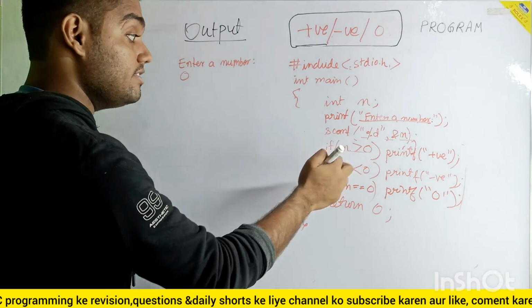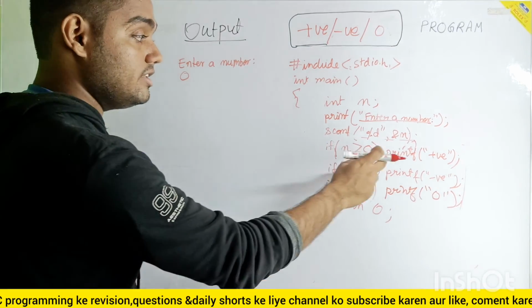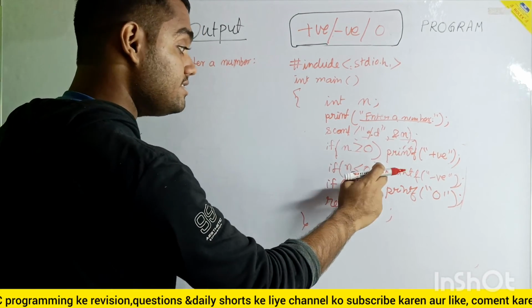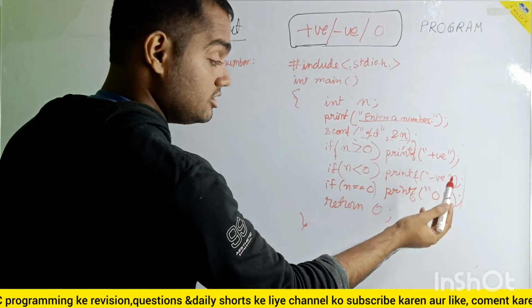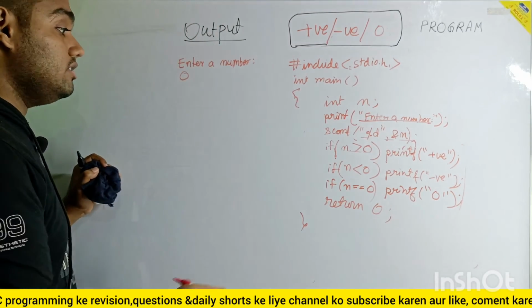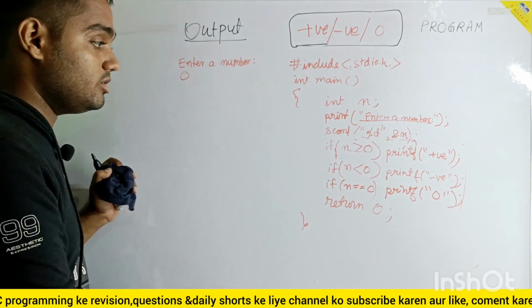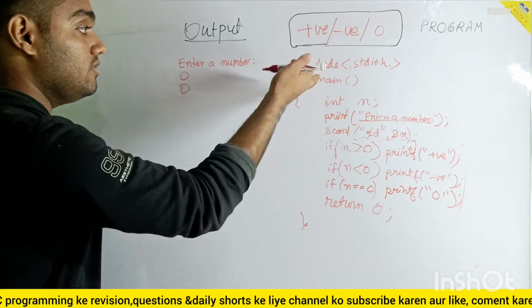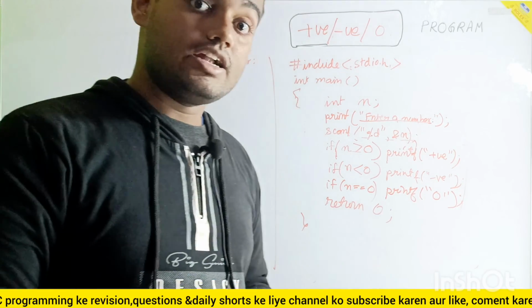If n is greater than 0, n has the value 0. Is it greater than 0? False. Then this is not going to execute. It will go to the next if. If n is less than 0, is it less than 0? No. Then it's not negative either. This is also not going to be executed. Then we'll check if n == 0. Yes, it is equal to 0. printf 0, the output is going to be 0. Return 0, end of program. This is the C program that we were going to study today.